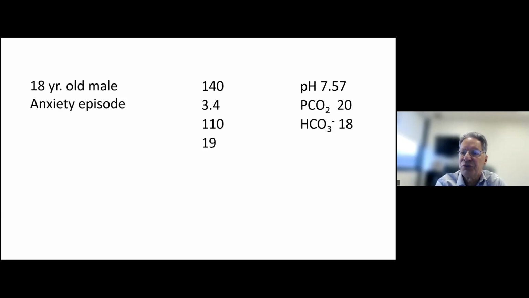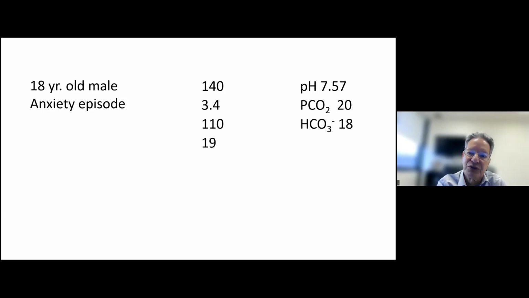So if it was acute respiratory alkalosis, let's say someone got scared or came to the doctor and had white coat syndrome, and the PCO2 fell from 40 to 20, if it was acute, you'd expect the bicarbonate to fall by roughly twice that, or by 4. So for every 10 fall in the PCO2 acutely, your bicarbonate falls by 2. That's the acute respiratory alkalosis rule.